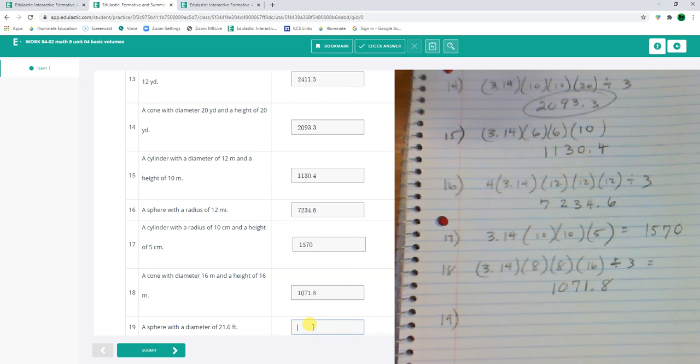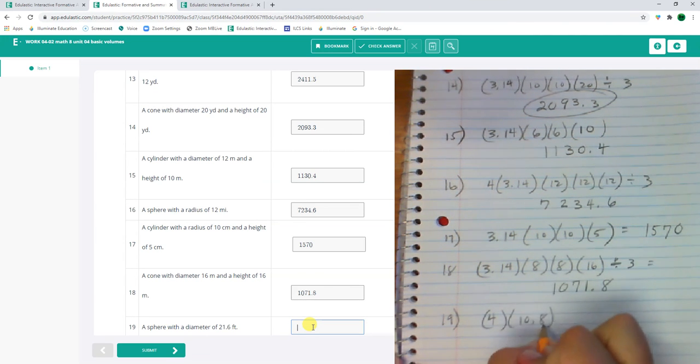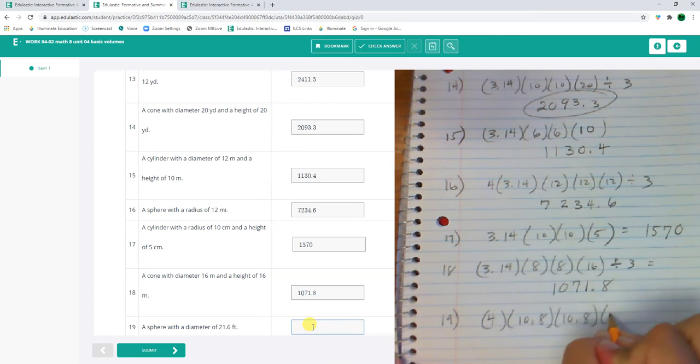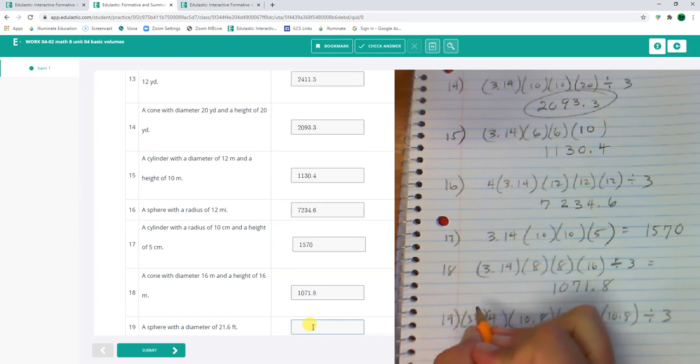A sphere with a diameter of 21.6. Okay, so if the diameter is 21.6, that means that the radius is 10.8. So I have 4, 10.8, 10.8, 10.8 divided by 3. I need a pi on this, don't I? 3.14 and a pi.